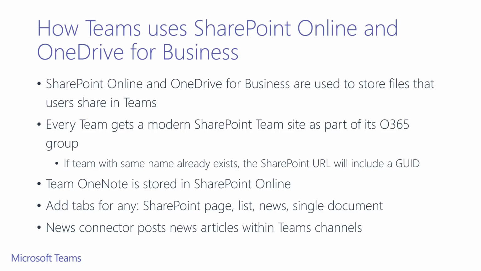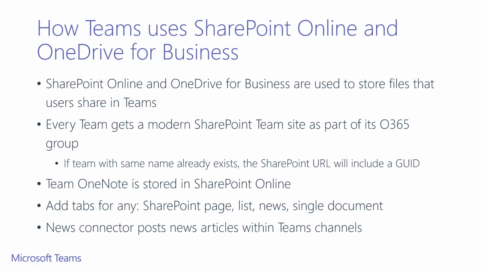If we were to create a team with the same name as a site that already exists, the SharePoint URL would be modified to include a GUID. Probably a good reason to adhere to some of our O365 group naming policies to ensure that we don't allow that to happen.